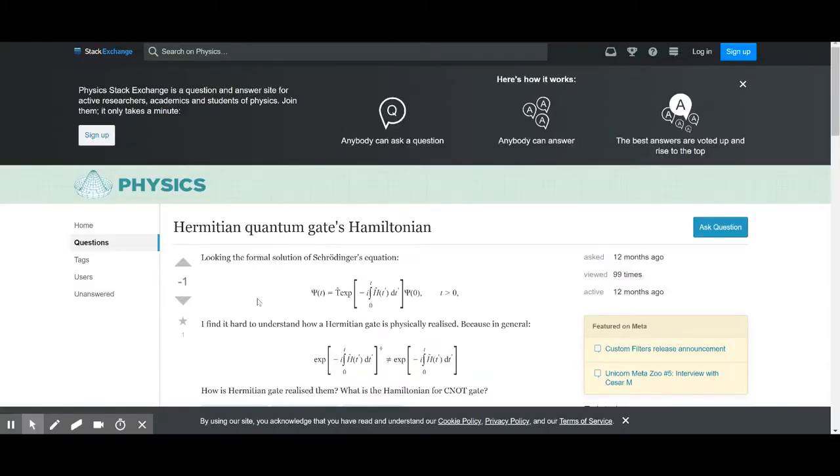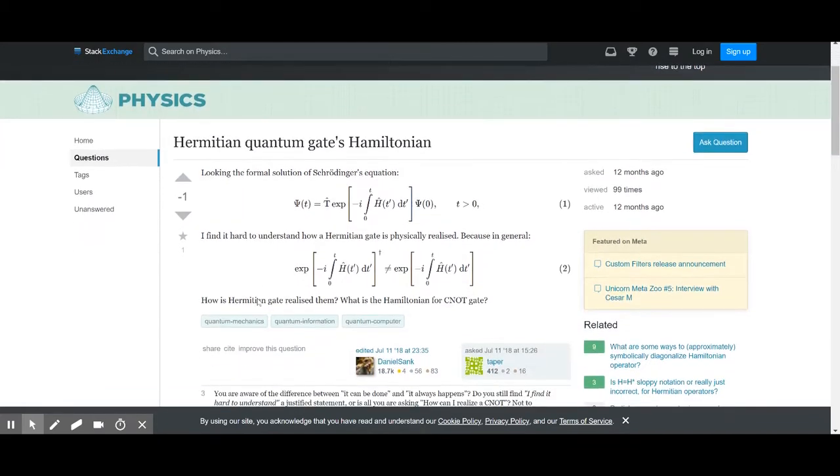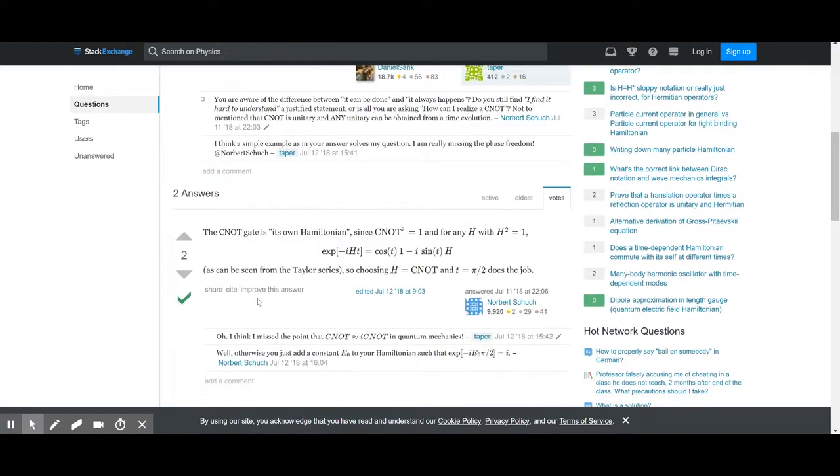Let's see, maybe this helps us. Look, the C naught gate is its own Hamiltonian. So it seems like gates have Hamiltonians.